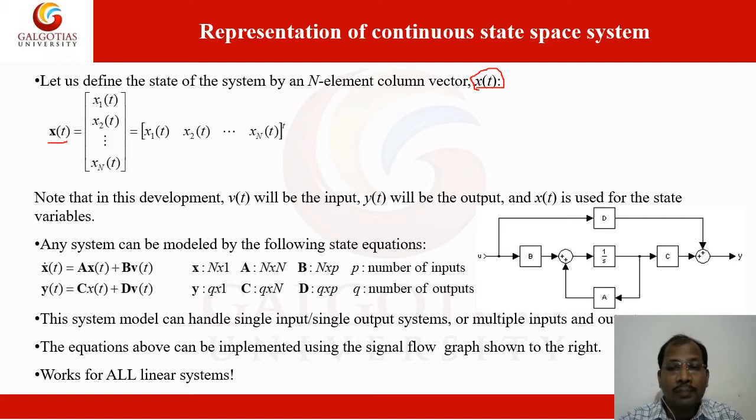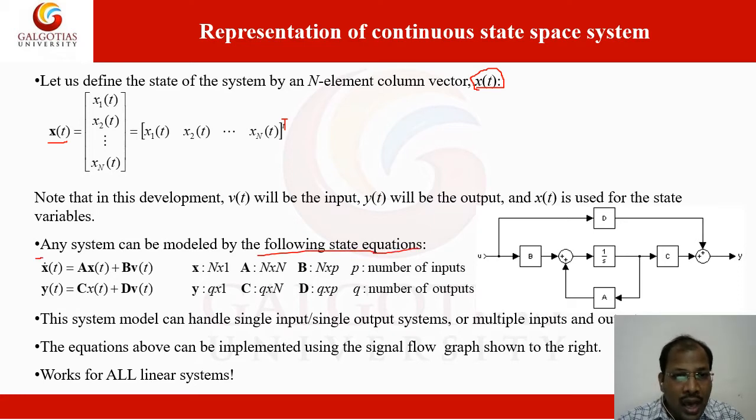This is a column vector, and it can also be represented as a row vector by taking the transpose. Note that in this development v(t) will be the input, here we are considering v(t) or u(t) as the input, y(t) is the output, and x(t) is used as the state variable. Any system can be modeled by the following state space equations.